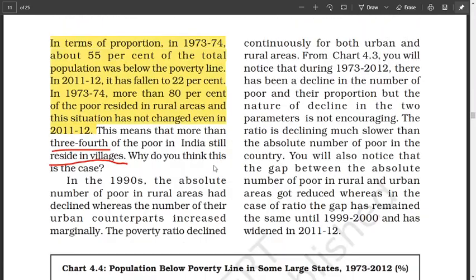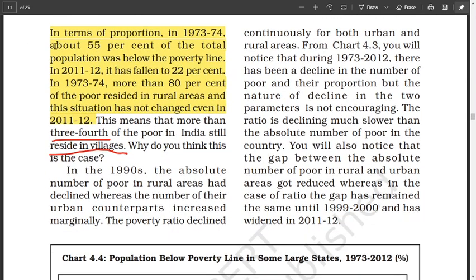And in terms of percentage, that comes to 55% in 1973-74 and 22% in 2011-12. So that's about the percent. How many of the poor people are there in India? Out of the total population, 22% are still below poverty. So that's a huge challenge, a huge problem for India. One fifth of the people are very poor. In 73-74, more than 80% of the poor resided in rural areas.